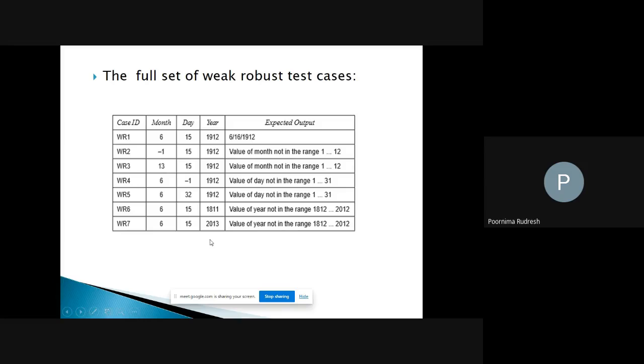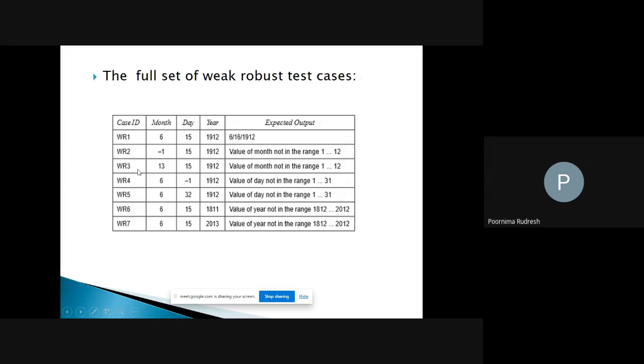Similarly, for 2013 also it will display the error message. Why? Because we have given the range as 1812 to 2012. So whatever the values we consider here, depending on whether it is within the range or not in the range: if it is in the range, we will get the correct output. Otherwise, we will get the error message.